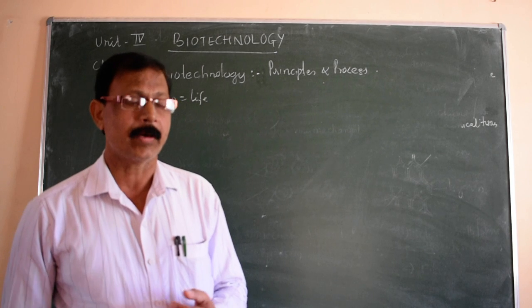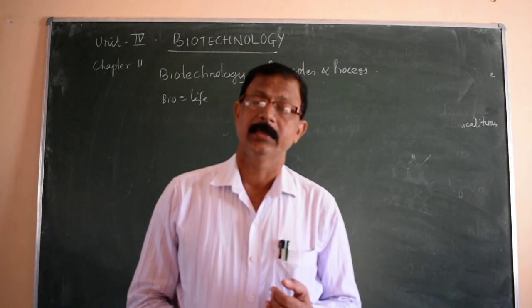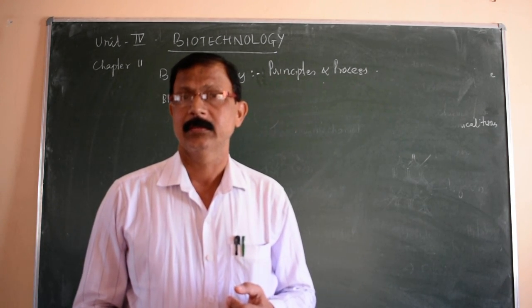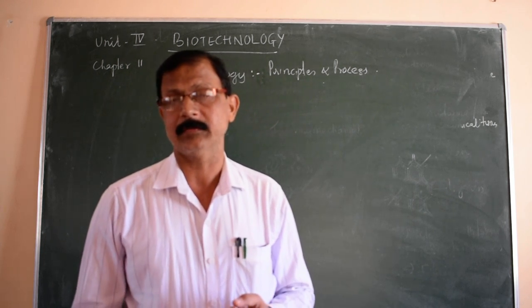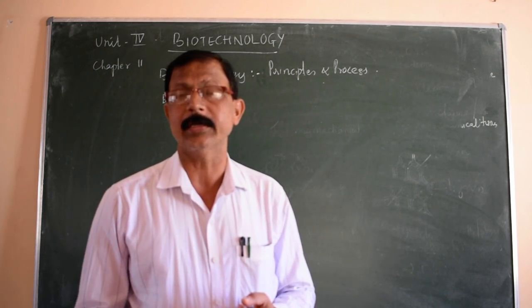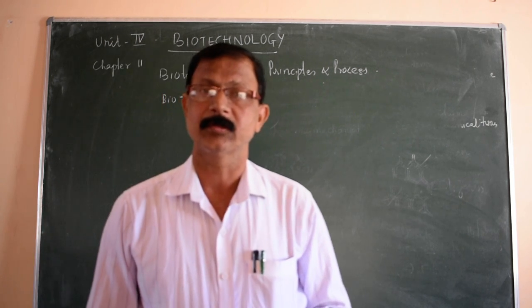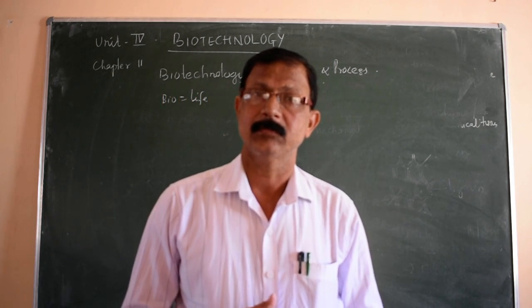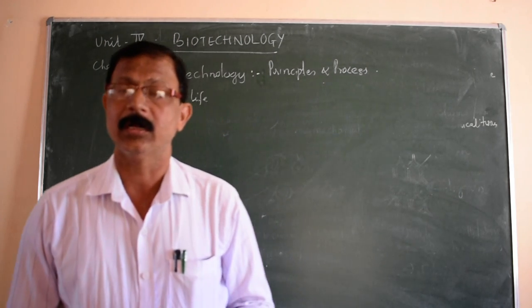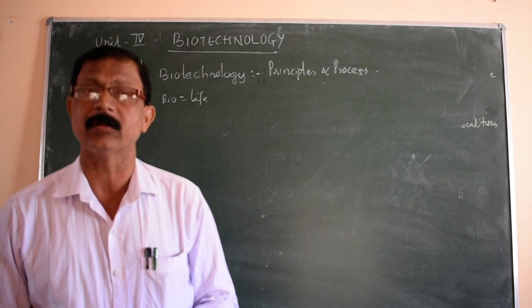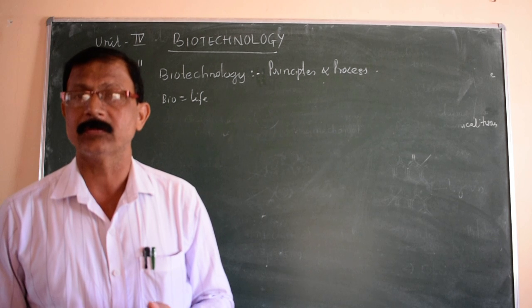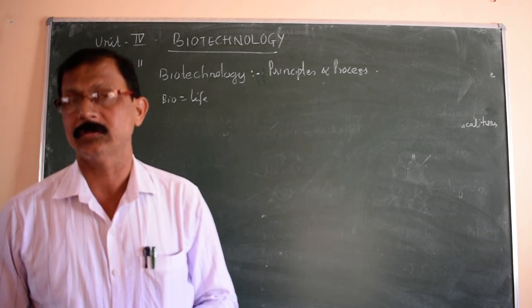Nowadays in the market antibiotics, antibodies, and hormones like insulin are available. Insulin is used to treat diabetic patients, and some enzymes are also available. Many different types of drugs, alkaloids, and synthetic compounds can nowadays be obtained by biotechnology.